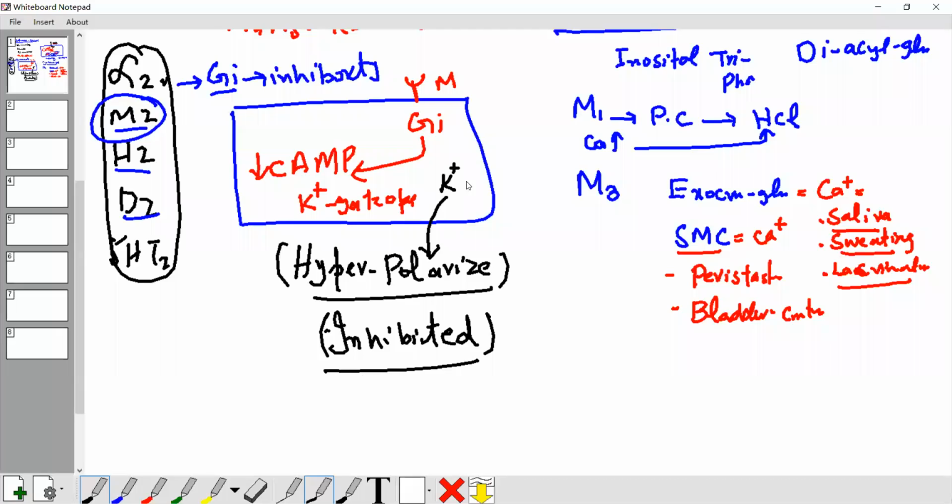What is the location of M2? Tell me. Location of M2? Node. And the heart. Yes. Node. Yeah. SA and AV node. Okay.